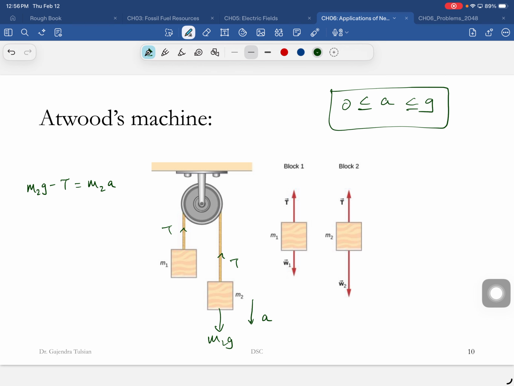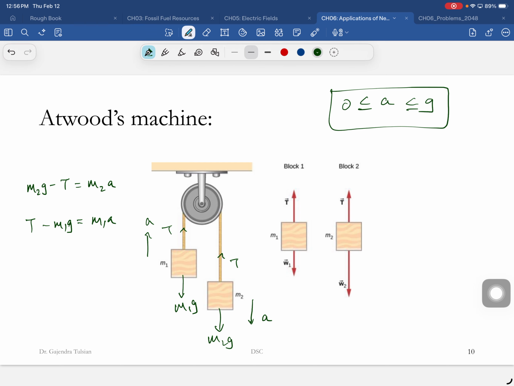For this guy, again, he's accelerating. The magnitude of the acceleration is the same, and he's accelerating in that direction. For this guy, tension minus m1g equals m1 times a.